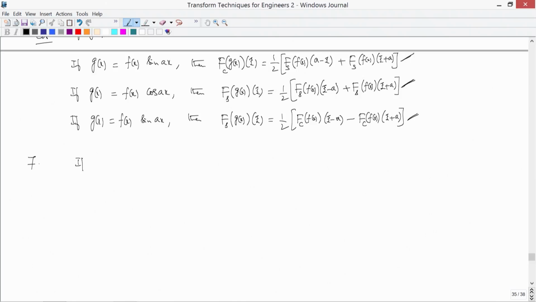If f dash of x is piecewise smooth, meaning continuously differentiable, that means it is differentiable and that is also continuous, a smooth function, and f dash of x is absolutely integrable.